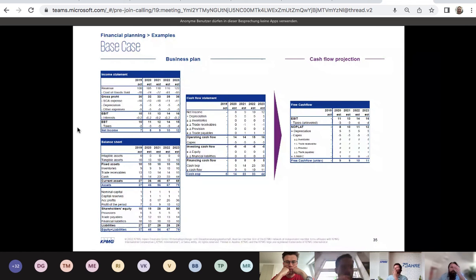Yeah, and then within the base case, you take your income statement, balance sheet, and cash flow statement, and then you can calculate your free cash flow accordingly, as Lucas presented before. So based on the very generic assumptions in the base case, we have a free cash flow on the far right, and a free cash flow of 9, 9, 10, and 11 for the future years within our business plan.